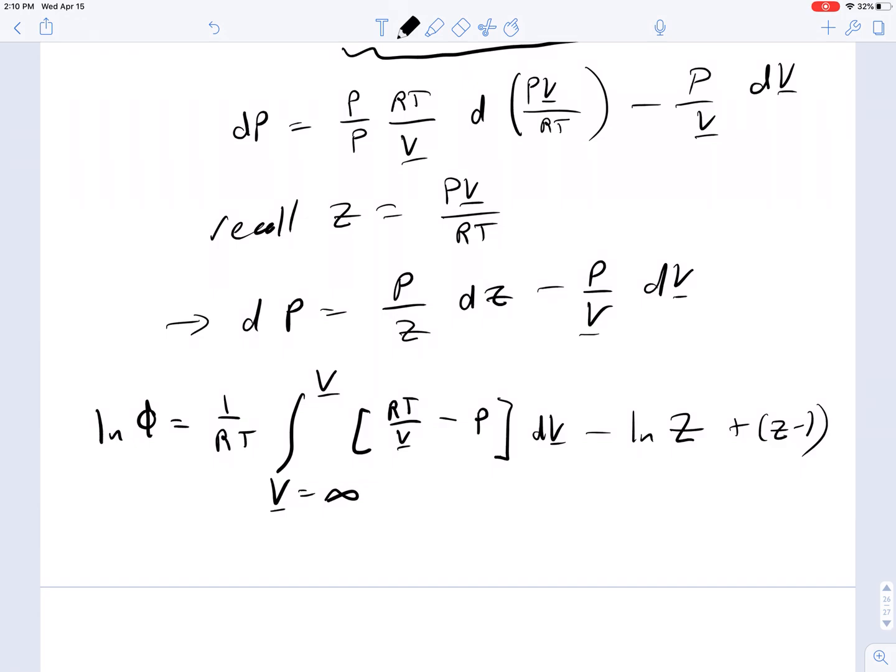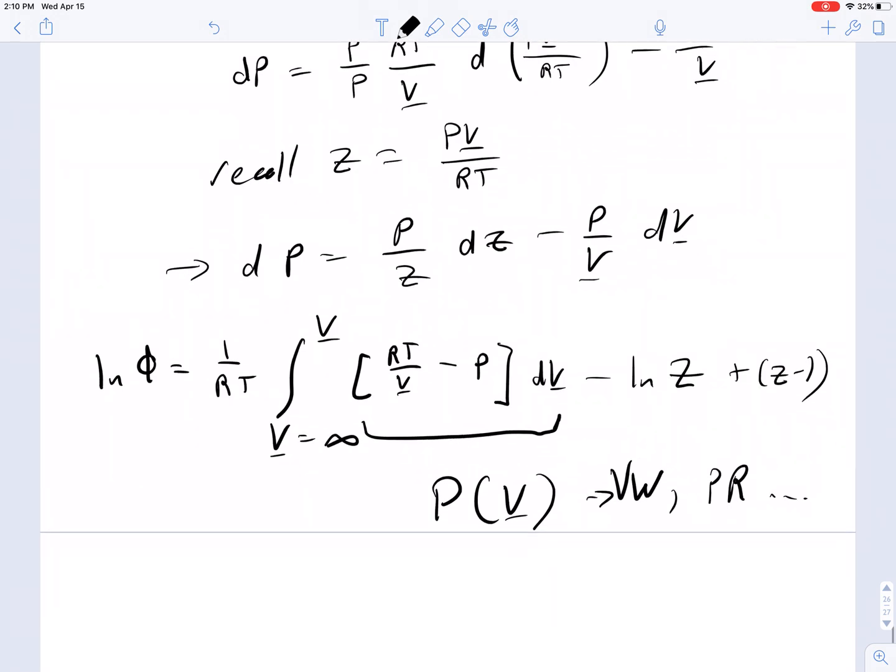Okay, look at this now. This is fantastic. Why? Because we have P as a function of V. This could be van der Waals, this could be Peng-Robinson. These are actual functions. Before, when we had it the other way, these were not actual functions.